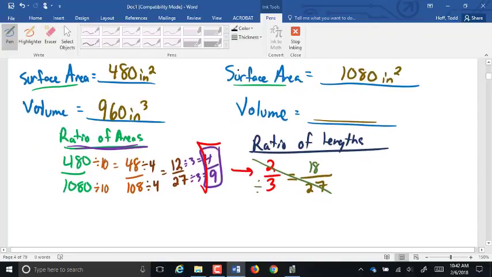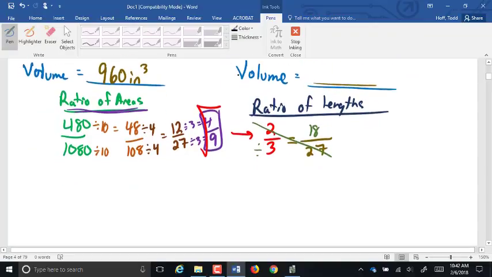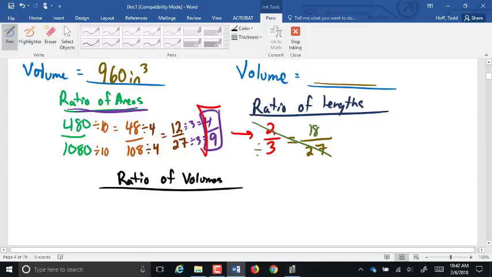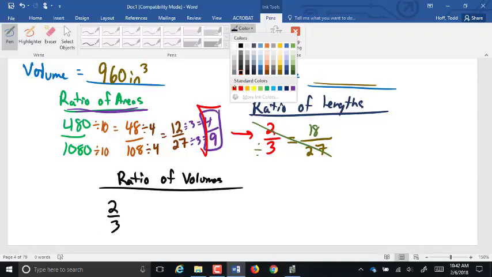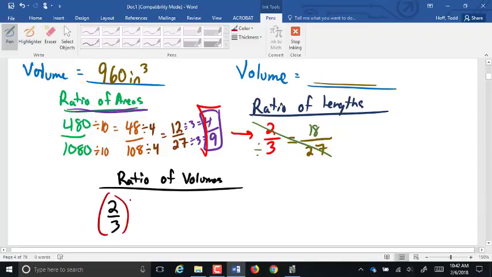Okay. Now I still have that ratio of lengths of 2 to 3. I need to look at the ratio of volumes. What am I going to do to that ratio of lengths of 2 to 3 in order to turn it into volumes? Cube it. Good. 2 to the power 3 is 8. How about 3 to the power 3? 27.